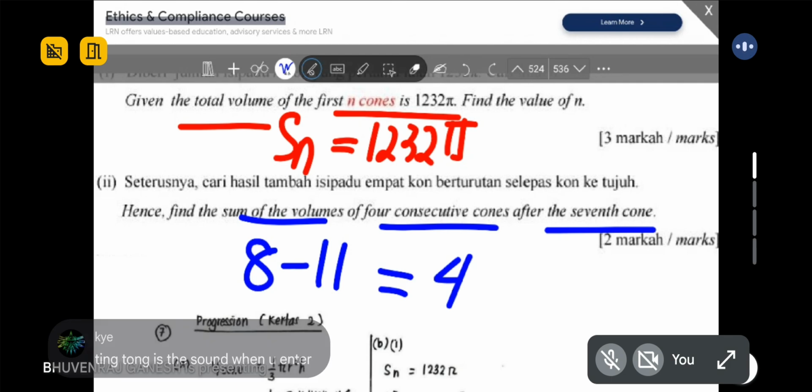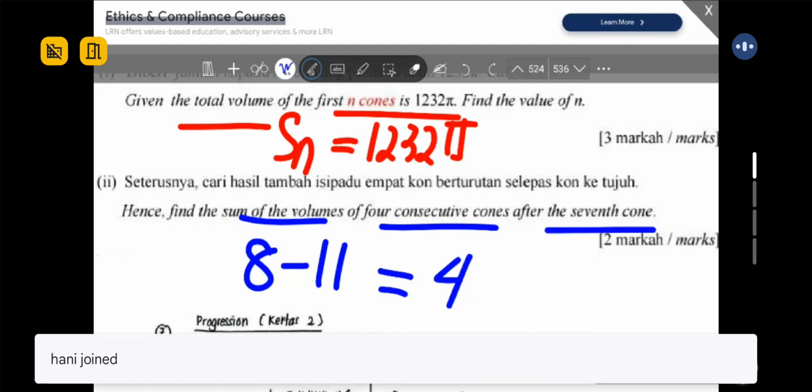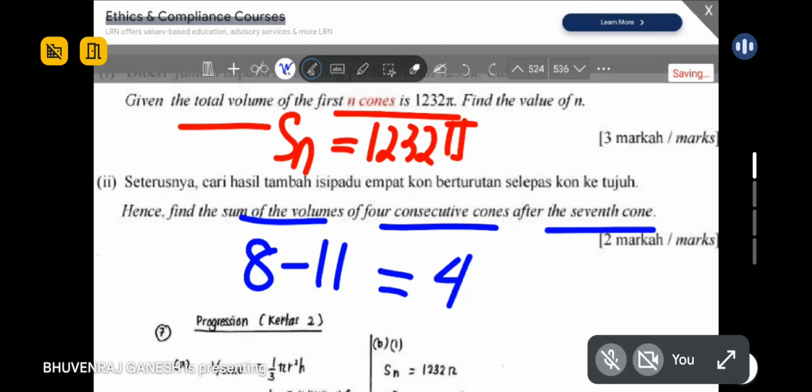Sorry. Why 8? Because they say 4 consecutive cones after the 7. Selepas ke 7. Means 7 takkan kira. We don't count number 7 since they say it's after. Selepas. So must start from 8 and end at number 11. So actually you're finding the sum of number 8 to 11.